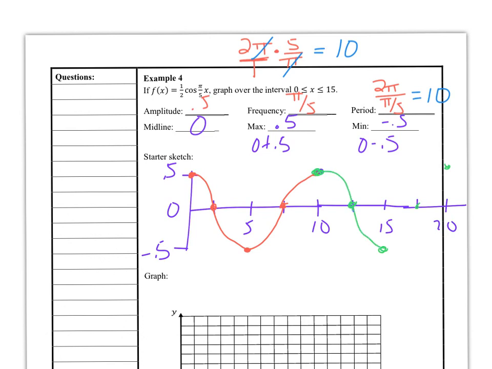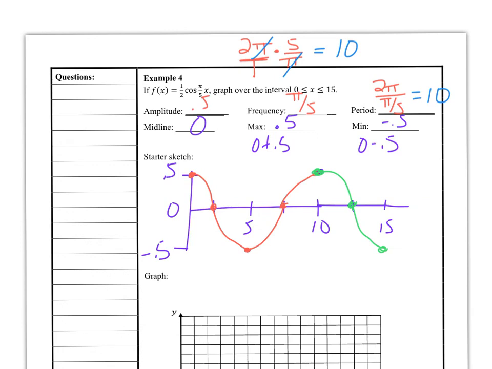I'm not going to connect the dots for the rest of it, but there's my curve, and when I'm done I would erase it. That way I don't lose any credit. If the eraser would work, I would erase it. No, it is. Make a liar out of me. So there you go, and there is your graph from 0 to 15.